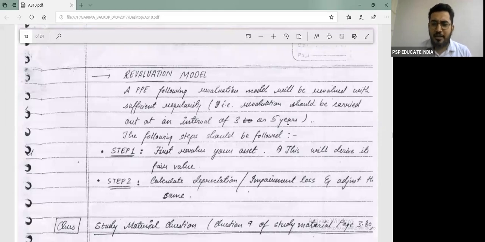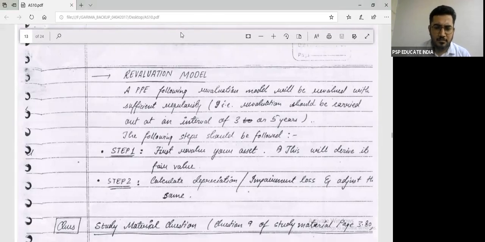What are the steps for revaluation? The first step is to first revalue your assets. So you will always first do the revaluation. This will derive the fair value of the asset. After that, we will calculate depreciation or impairment loss and we will adjust the same.